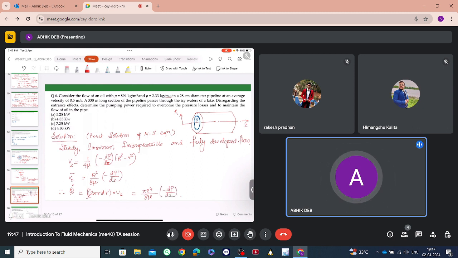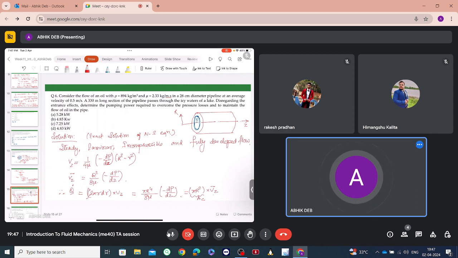Okay, and so from here we can also write the value of Q with respect to Vz, that is equal to pi r square into the average velocity. So this is just the total cross-sectional area A of the pipe multiplied by the average velocity, which will give the average discharge through the pipe.